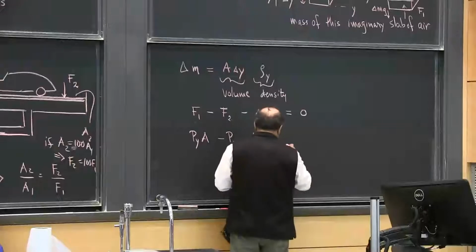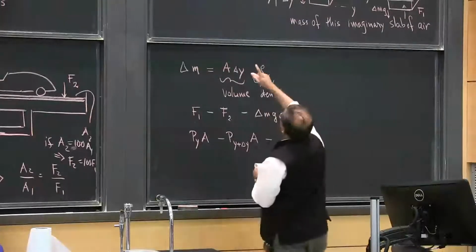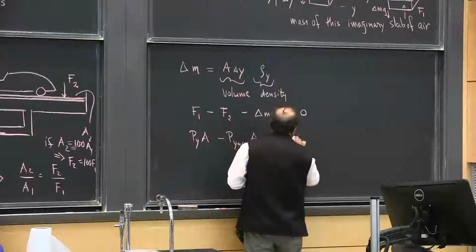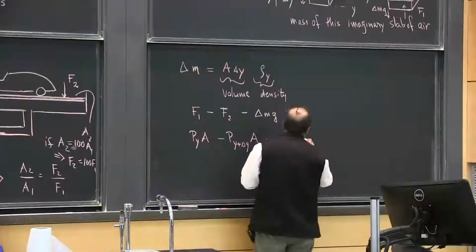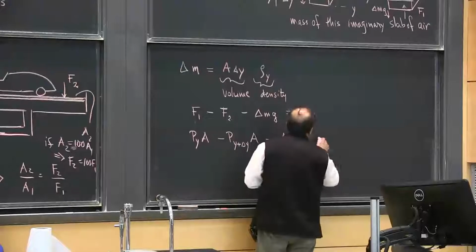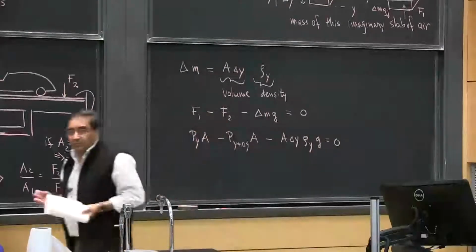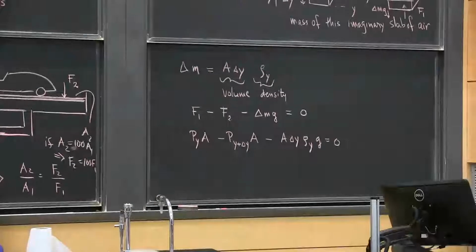Minus delta m g, and I found an expression for that, A delta y times rho y times g, is equal to 0. So the force equation, based upon balancing out the forces to make sure my slab is in equilibrium, looks like that.